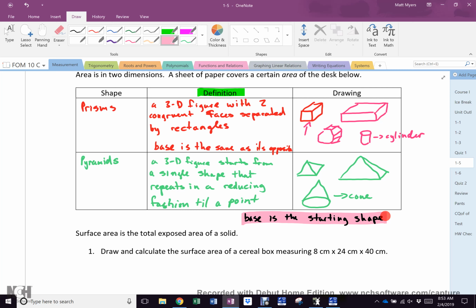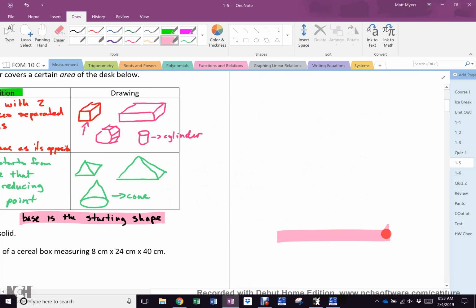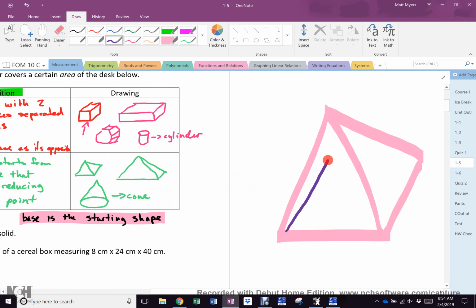Everybody good? Nathan, how do you determine what this shape looks like? Well, like with the pyramid, you could cut it up. Okay. If I had this pyramid, the bottom of it is a square, right?